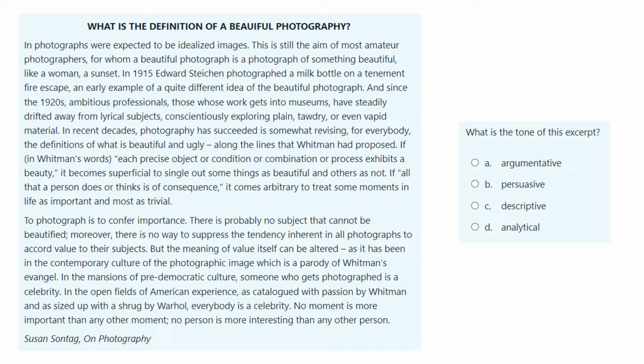A tenement means a block of flats. An early example of quite a different idea of the beautiful photograph. And since the 1920s, ambitious professionals, those whose work gets into museums, have steadily drifted away from lyrical subjects, conscientiously exploring plain, tawdry, or even vapid material.